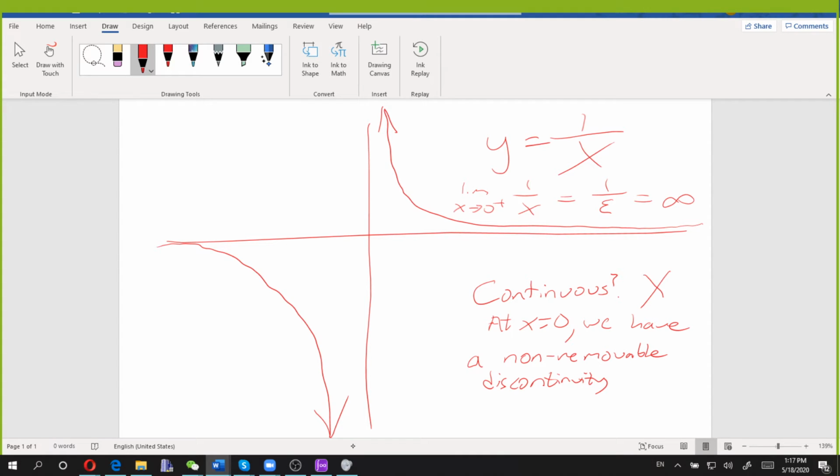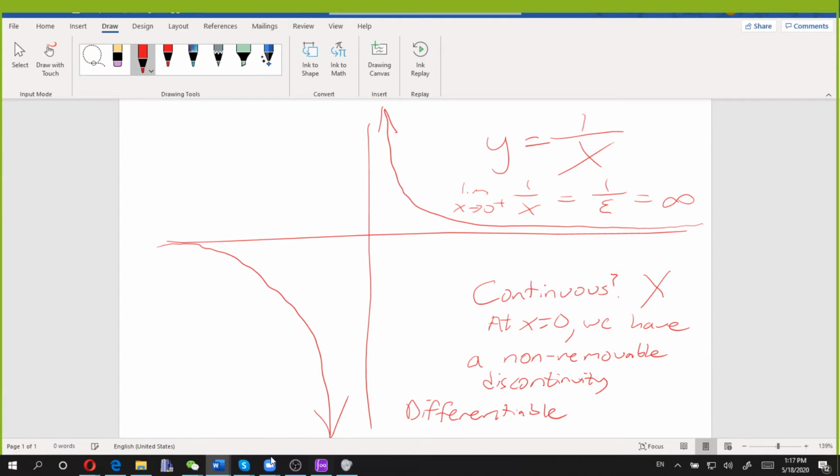Okay, Kyle, is this function differentiable? Okay, let me go back.